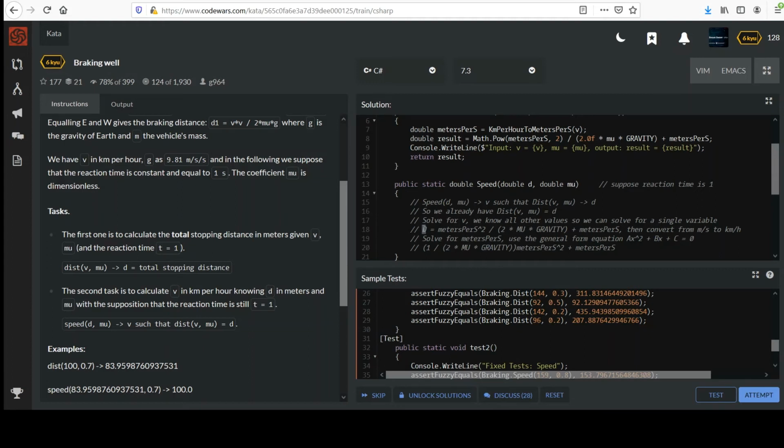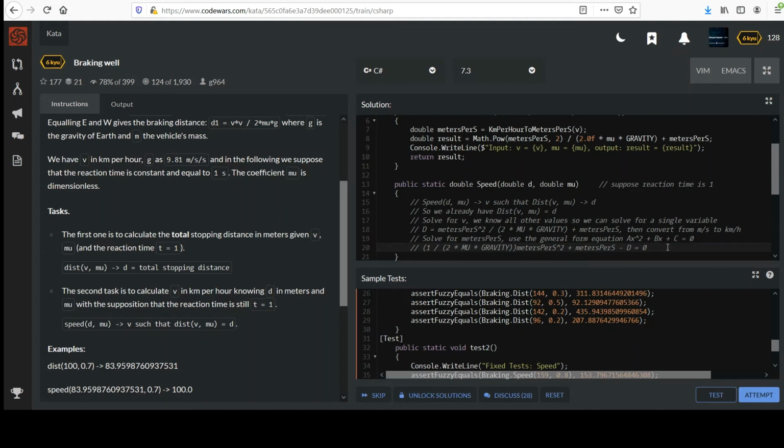So we'd have to subtract it over to this side of the equation, and that'll cancel this out. It'll make it a 0. If we subtract d from d, we're left with 0, and then we subtract from this side of the equation to keep the equivalency. So we have to say minus d equals 0. And then look at this, we have our general form. We have our a term, the b term is 1, and our c term is negative d.